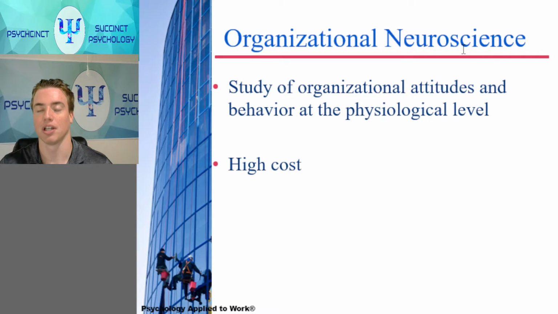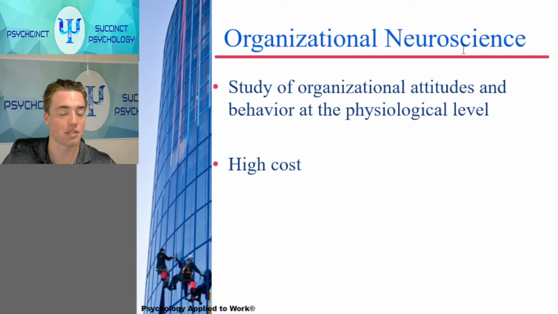Maybe they have something in their brain that makes them more violent, and maybe we shouldn't have them in a very high intensity job because they might freak out on somebody. So that's organizational neuroscience. Really expensive, but it would be really cool if we could access it more in IO psychology.